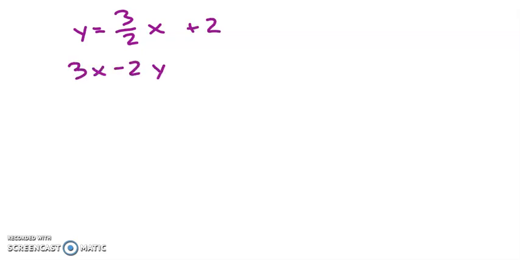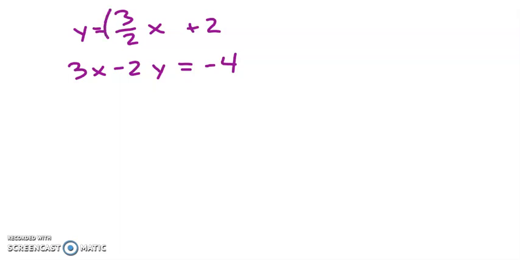Looking at another example, we've got y equals 3 over 2x plus 2, and 3x minus 2y equals negative 4. Well, my first equation is set up as y equals, similar to our first example.